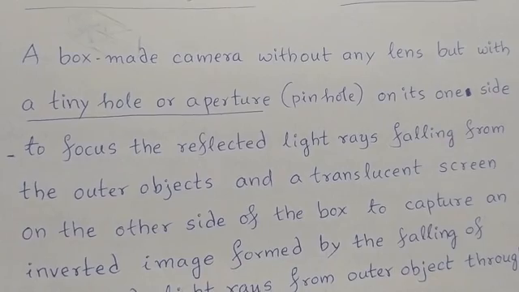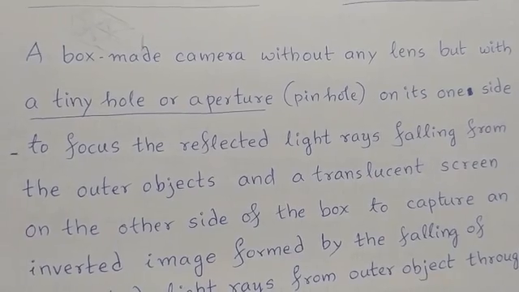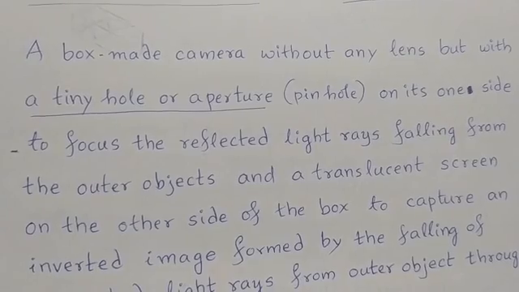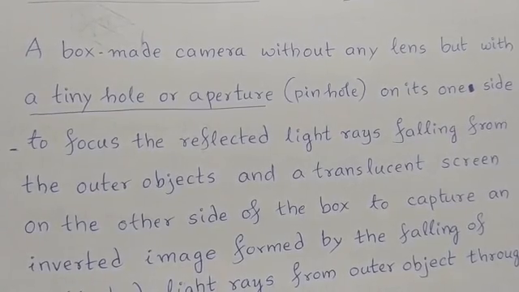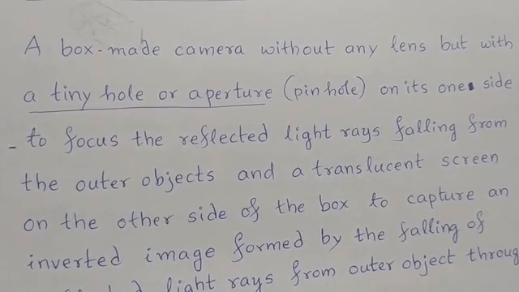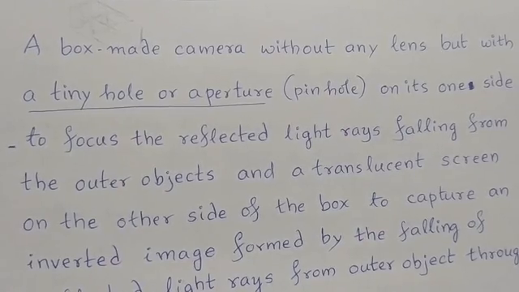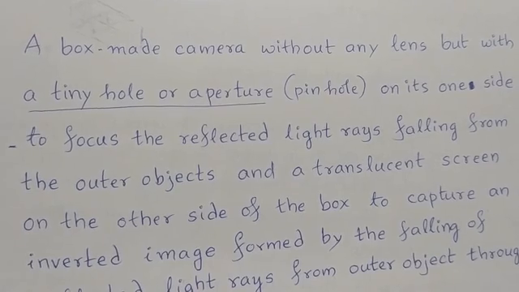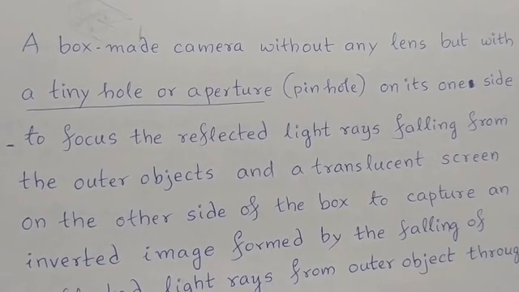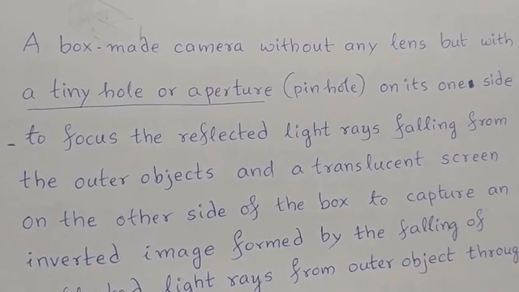So when light falls on any object, some amount of light is absorbed and the remaining amount of light is reflected back. So this reflected light is coming from the outer objects in the form of light rays, and those light rays that are coming from the outer object enter into the pinhole camera through its pinhole, right?